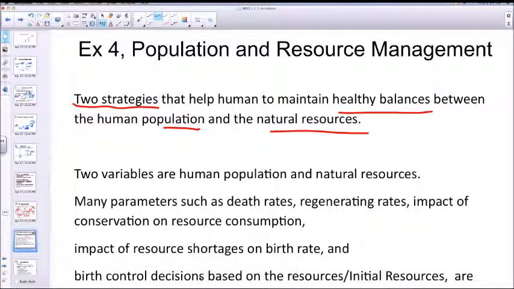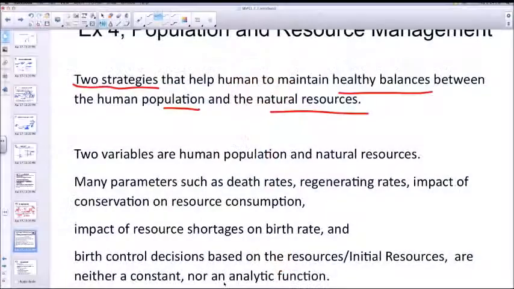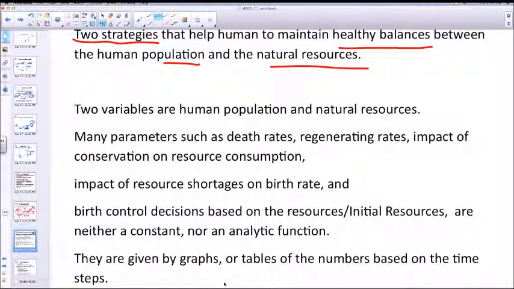So how do we human beings make the wise decision, either control the population growth or decrease, even in the developed country? And how do we reuse, recycle the natural resource, regenerate the natural resource?